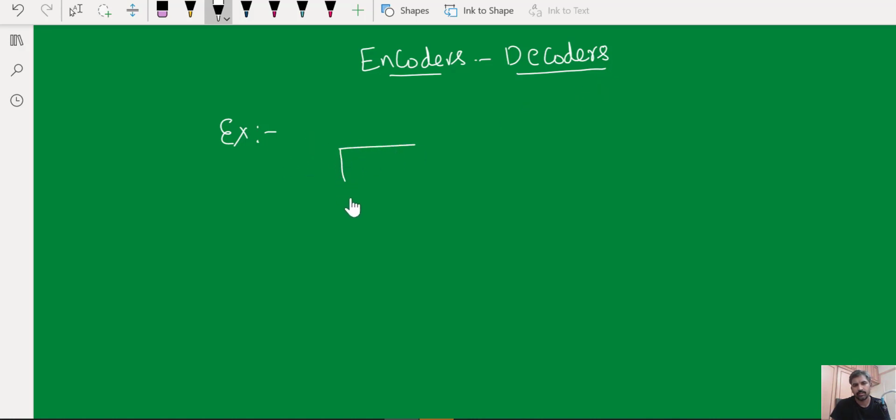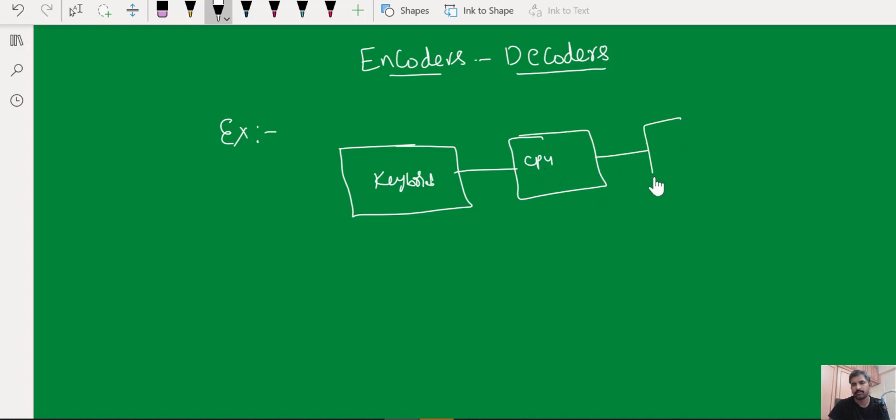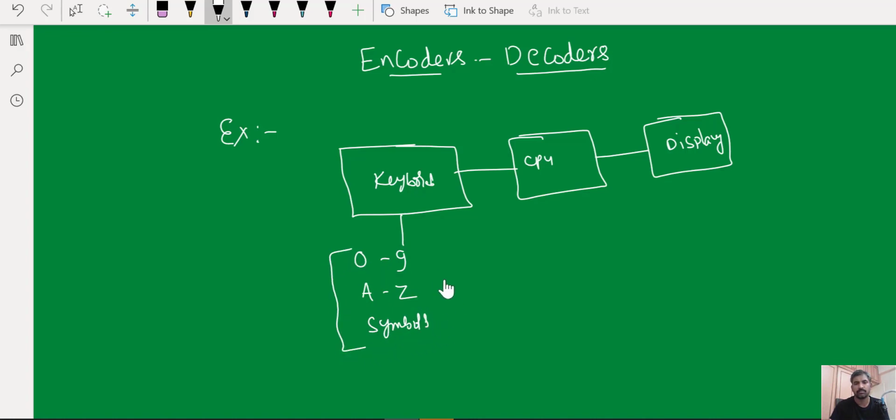Let's have a keyboard, and it is connected to the CPU, and you have a display here. On the keyboard you are going to enter 0 to 9 or A to Z or symbols. These analog symbols cannot be understood by your CPU or your digital system.